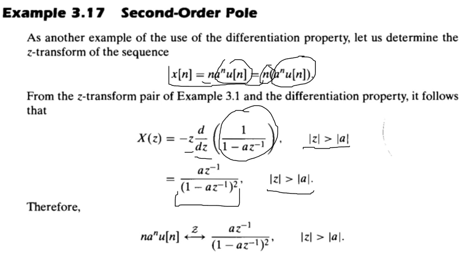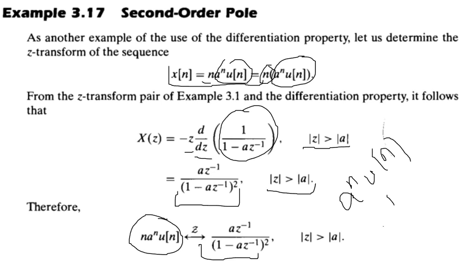The derivative of this expression gives us this after multiplying by minus z. The region of convergence remains unchanged, so the z transform of n a^n u[n] will be a z inverse divided by 1 minus a z inverse, squared. But the z transform of a^n u[n] is 1 divided by 1 minus a z inverse.